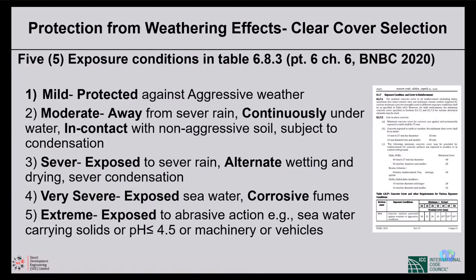So you will find a table where the BNBC talks about these five different exposure conditions, and that table is also a function of concrete strength. So you will find those information in the table.